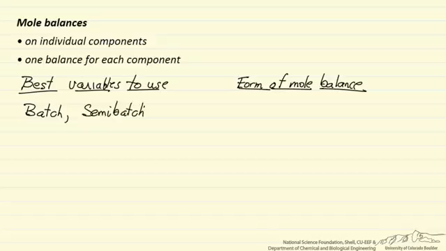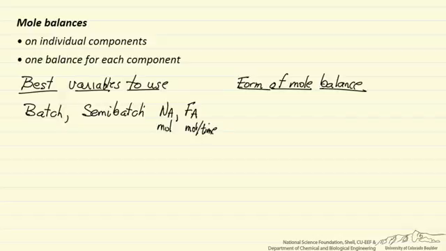The best variables to use are the number of moles of each species for the batch reactor. For semi-batch, we also need to use the molar flow rate. This is the total number of moles in the reactor, and this is moles per time.